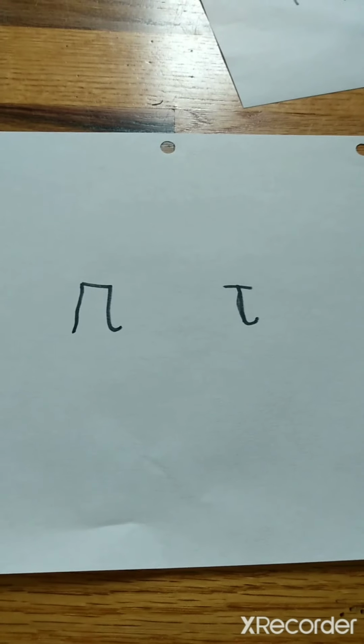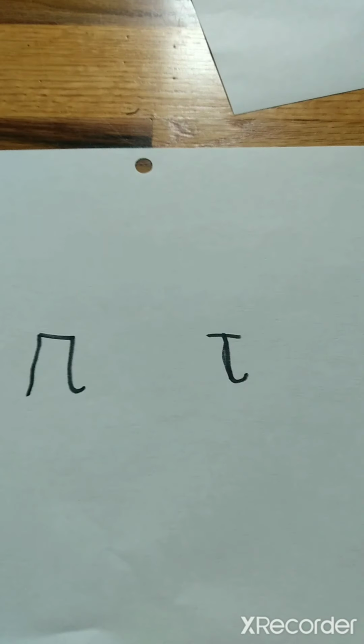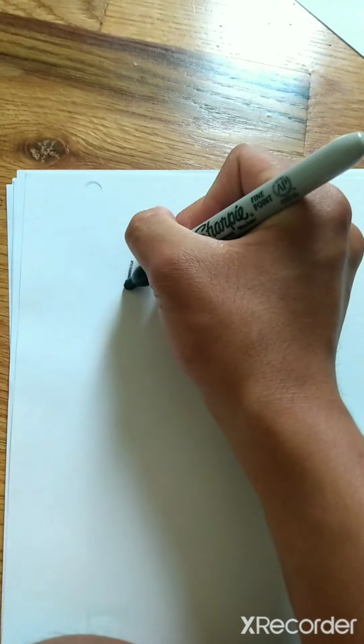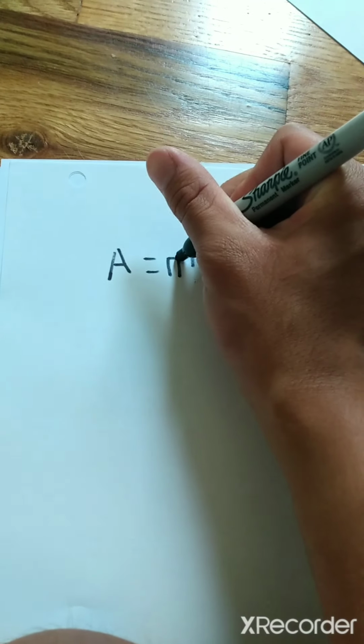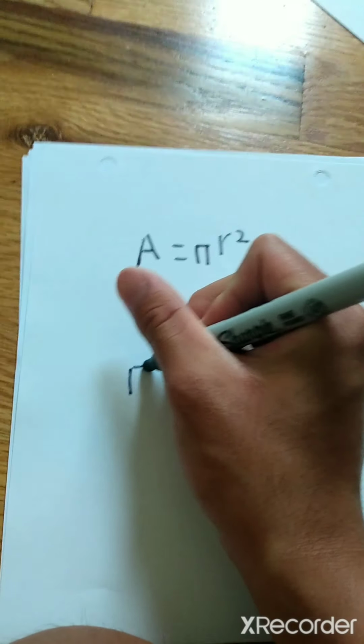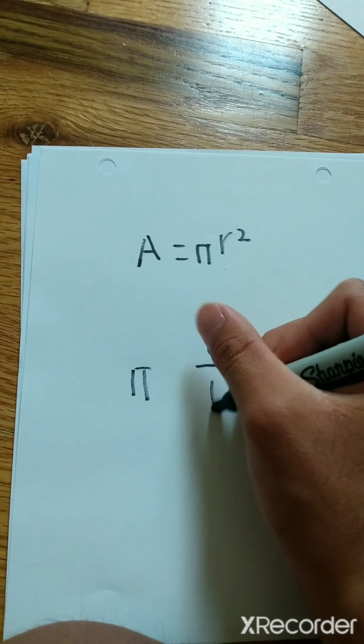When we are working with circles, how do we get pi and how do we get tau in the first place? Many people ask why the formula of a circle is pi r squared, and why does it have to be pi? Because pi is going to equal the circumference divided by the diameter.